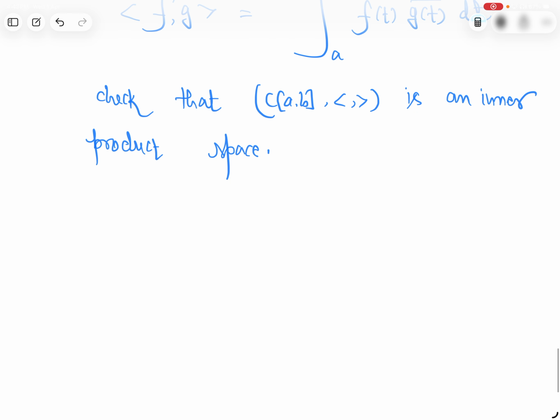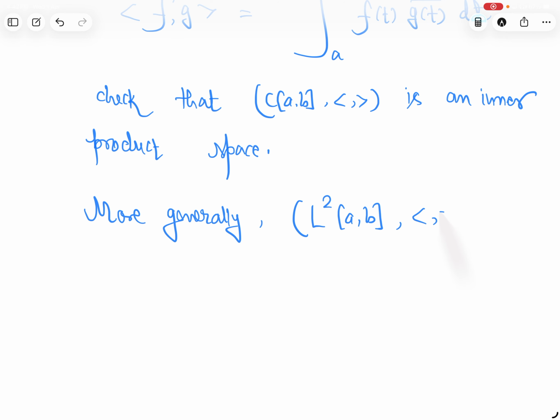More generally, we can define an inner product on L2. C[a, b] is properly contained in L2[a, b].